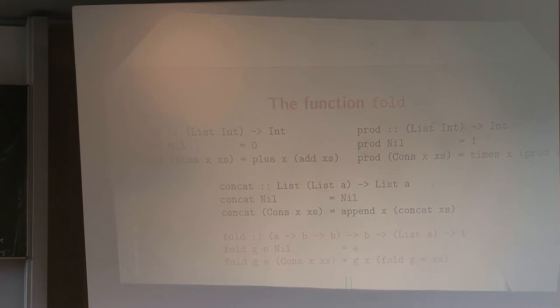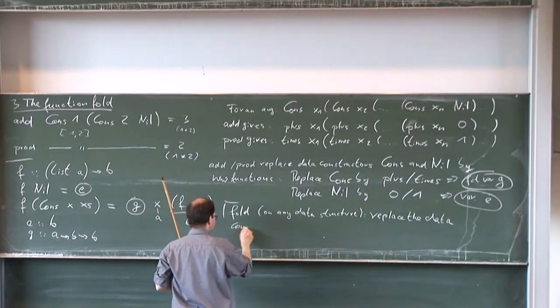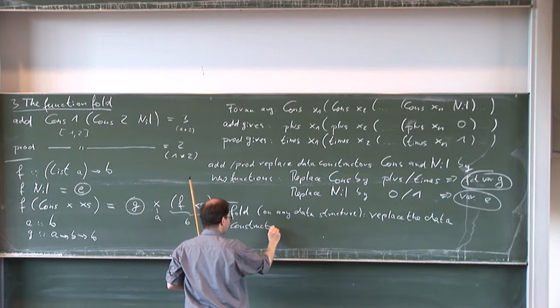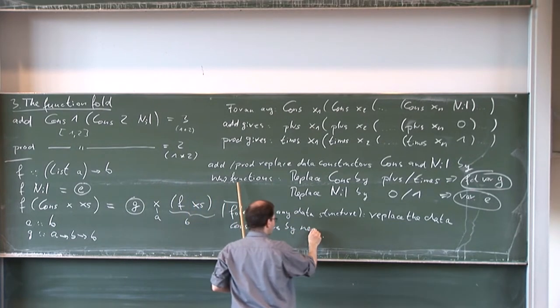And now with this definition of fold, what fold does basically is, so the idea of a fold function on any data type, on any data structure is: replace the data constructors by new functions.